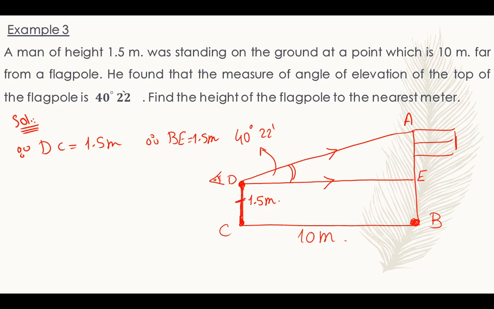So we have CD equals EB equals 1.5 meters. In the triangle AED, here we have angle ADE, and we want to find AE, which is the opposite, and DE is the adjacent.